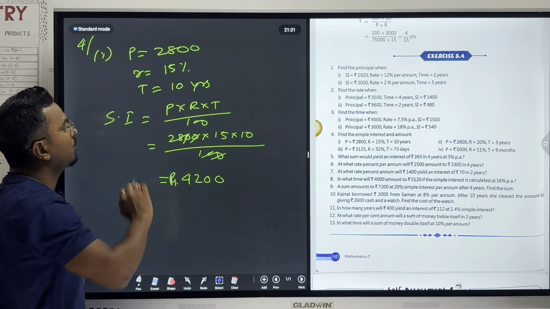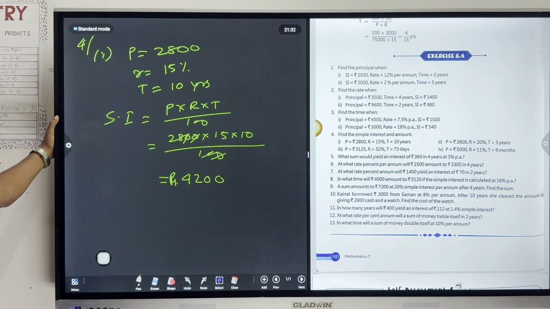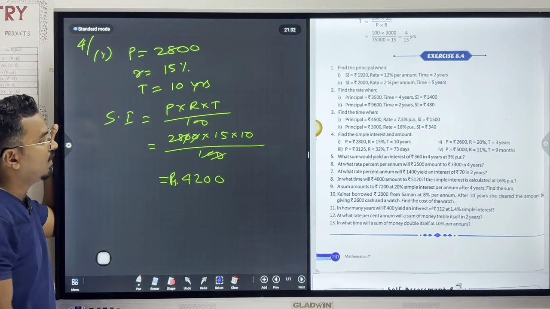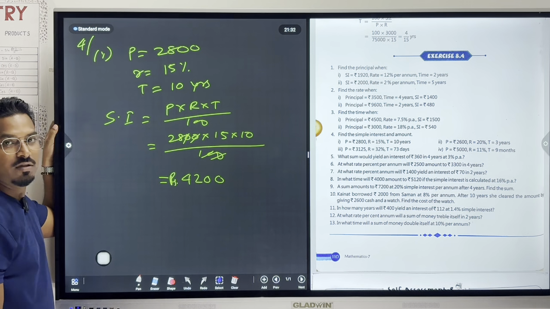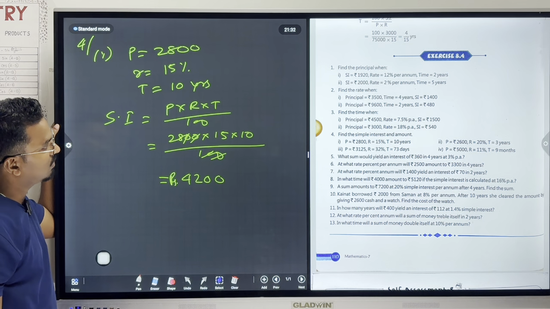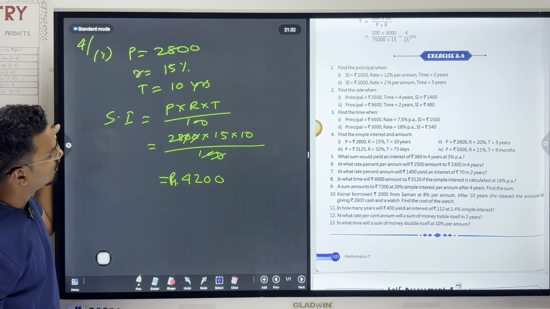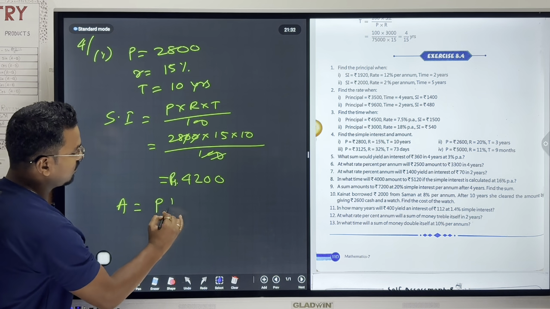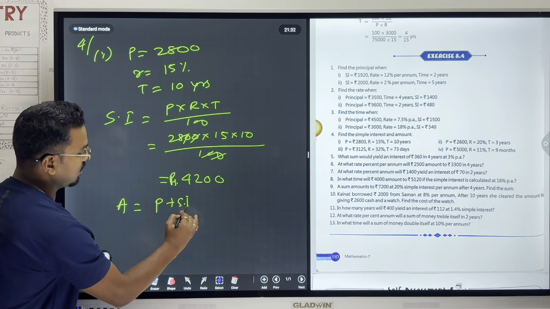If you deposit 2800 at the rate of 15%, after 10 years the interest will be 4200 rupees. Now you have to find the amount. Amount equals principal plus simple interest.